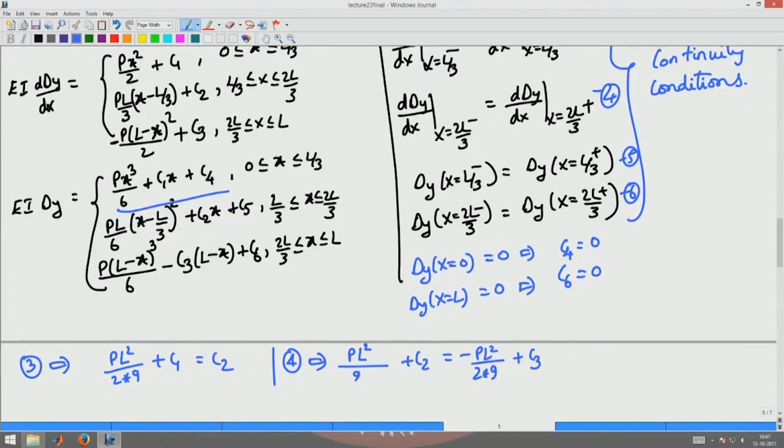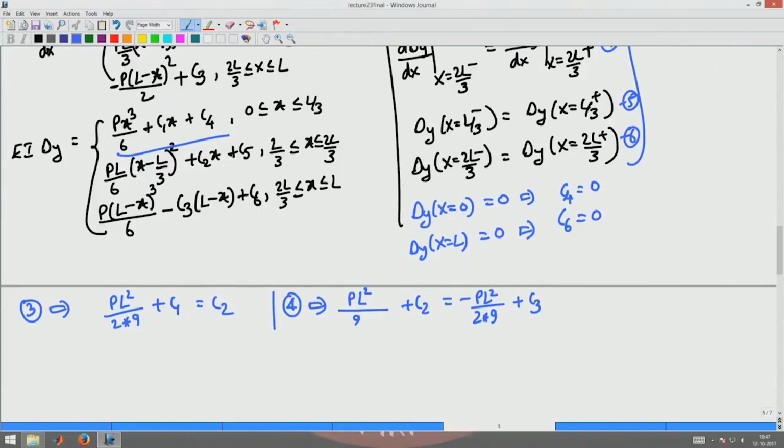That will be coming from equation 4. Now let us see what happens from equation 5. I have to substitute x equal to L by 3 in this equation. C4 I know is 0, so I can drop that, and x equal to L by 3 in this equation, that will be at L by 3 plus.